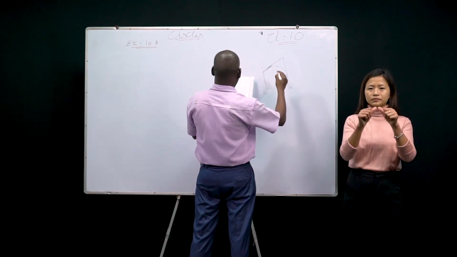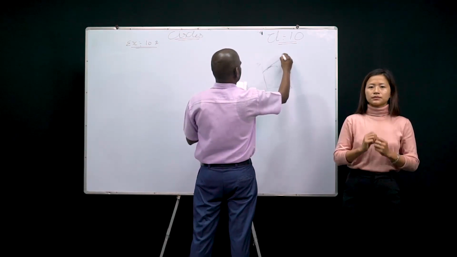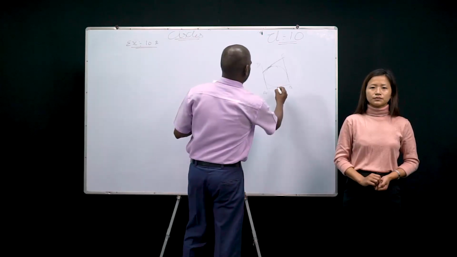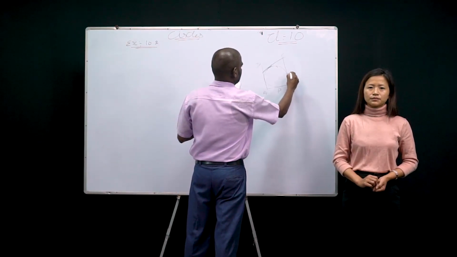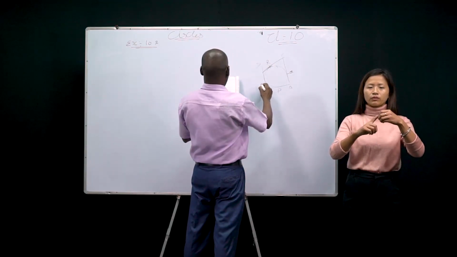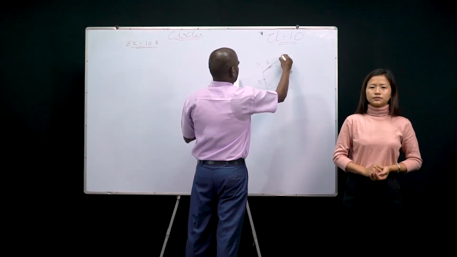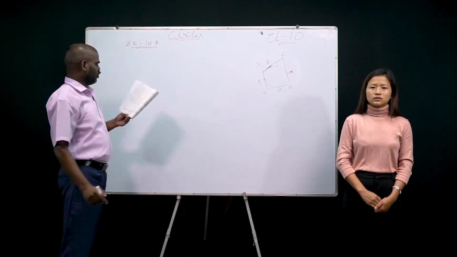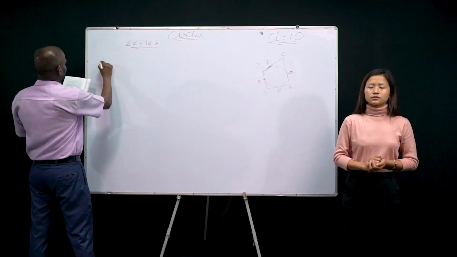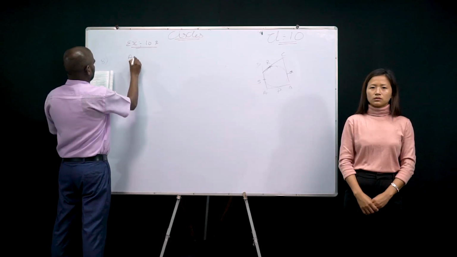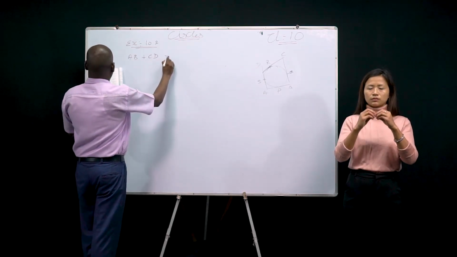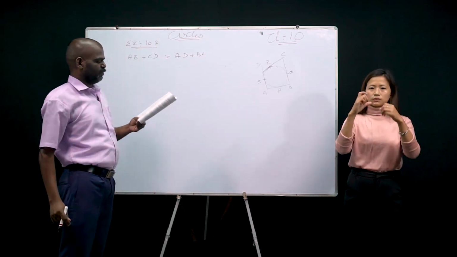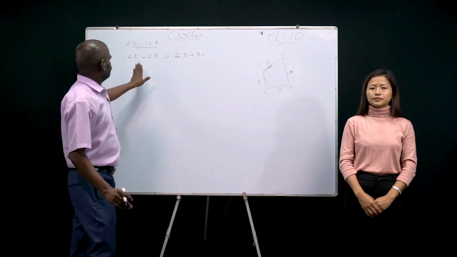A, B, C, D, P, Q, R. We are going to prove, this is question number 8, okay? AB plus CD equal to AD plus BC. This is what we are going to prove.